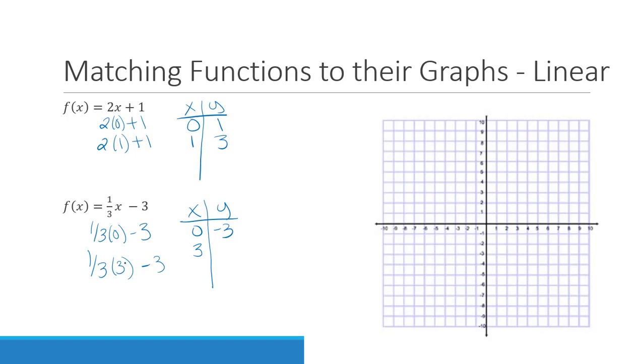Any whole number times that fraction, when that whole number is the denominator, is just going to leave you with the numerator. So 1 minus 3 would give you -2. Then I would, of course, graph these here. That's 0, -3. 3, -2 is here. And again, I would just be looking for a graph that would match up with mine here.